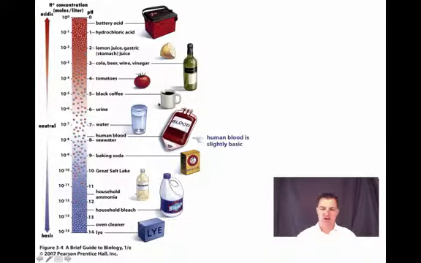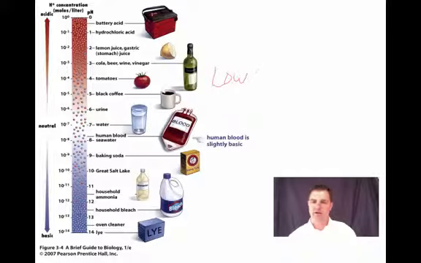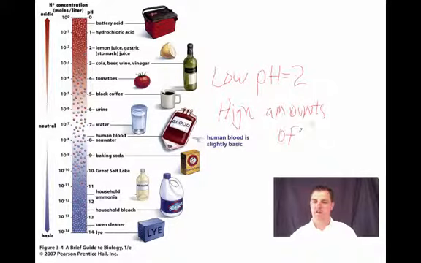If you look right here, you'll notice we have pH 7 here. That's neutral. As you move down in pH, a low pH of, say, 2 means high amounts of hydrogen ions.